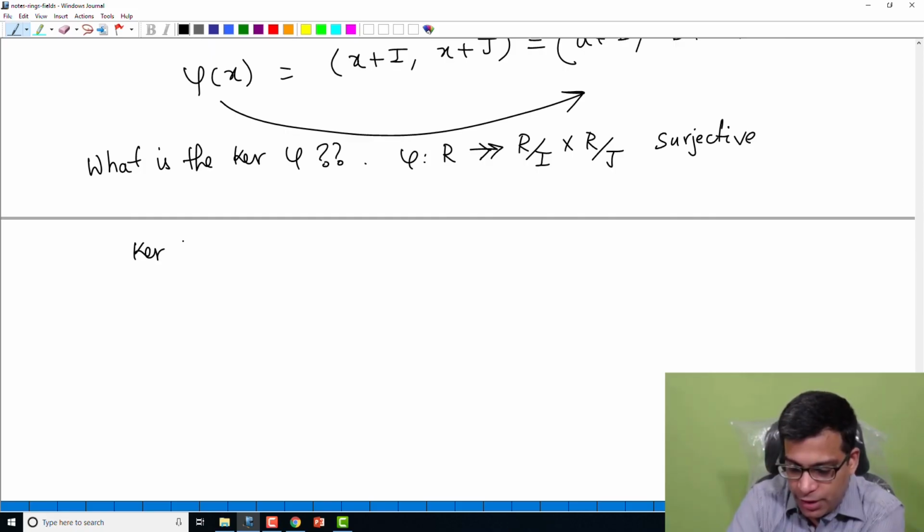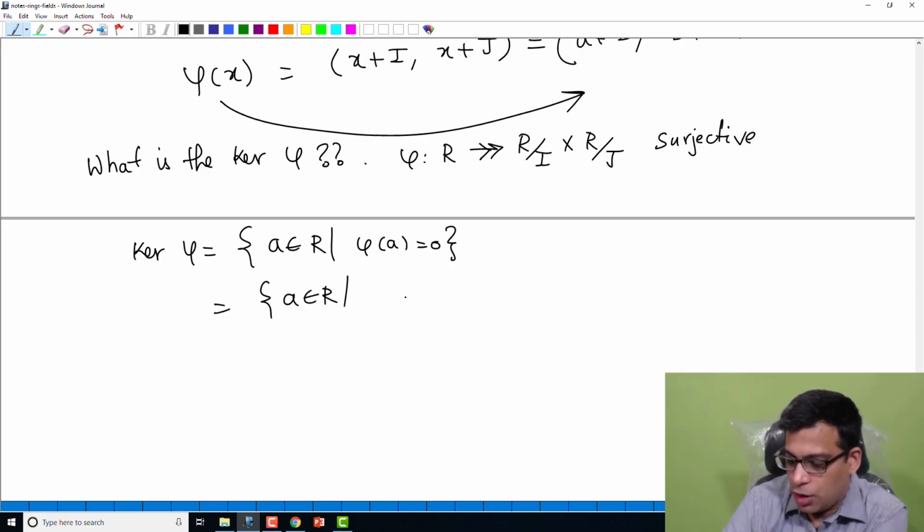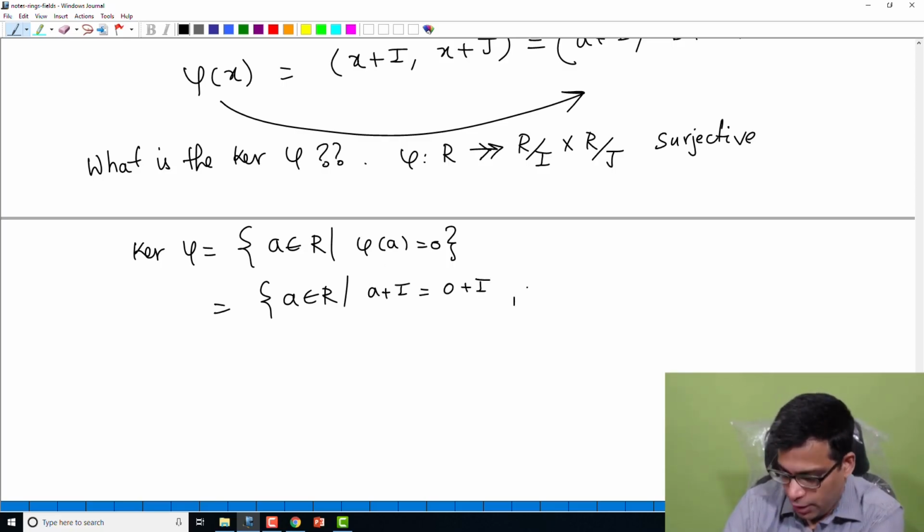Remember, kernel of any ring homomorphism is all elements of the ring such that phi of A is 0. But in our context, that means it is all elements A such that A plus I is 0 plus I and A plus J is 0 plus J.